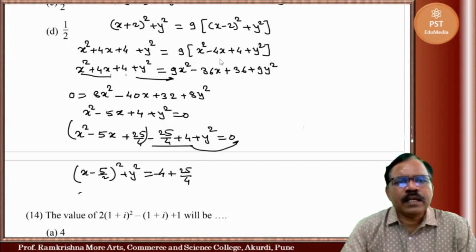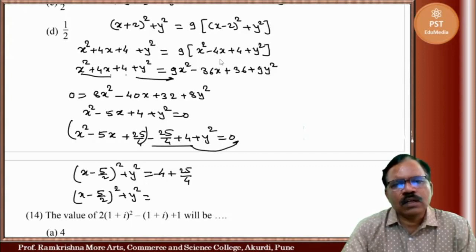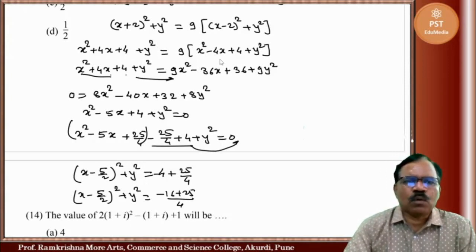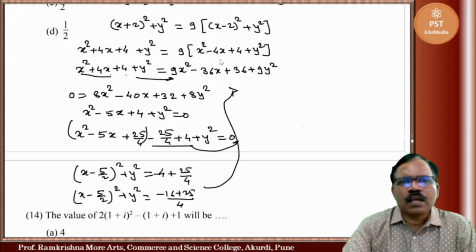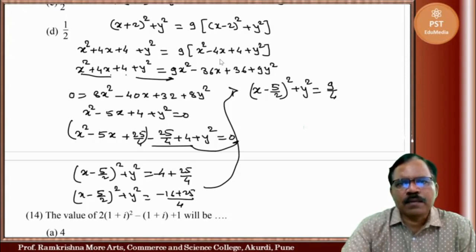So you will get x minus 5 by 2 square plus y square is equal to now minus 16 plus 25 divided by 4. So this whole will give you x minus 5 by 2 square plus y square is equal to 9 by 4.